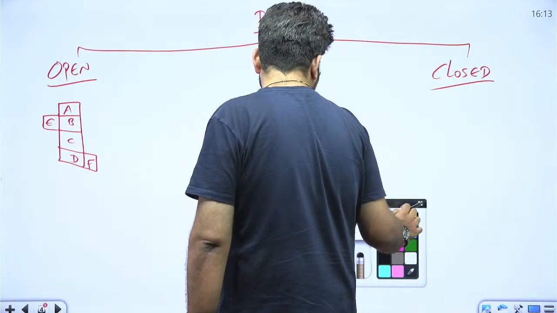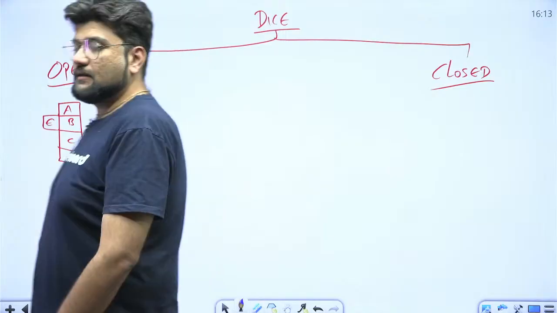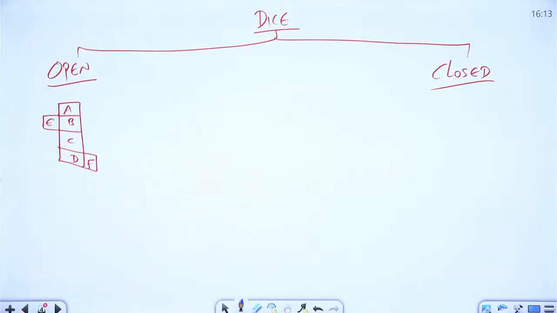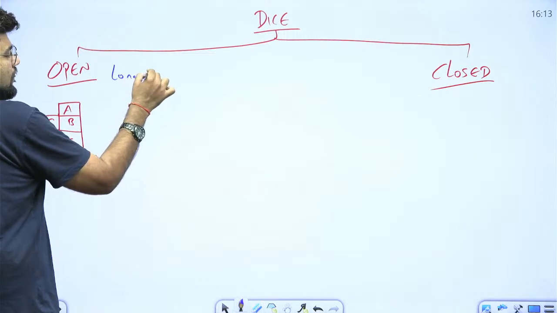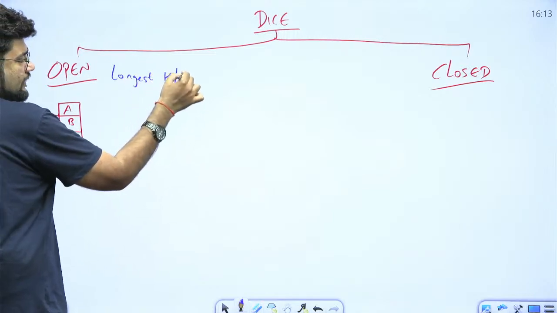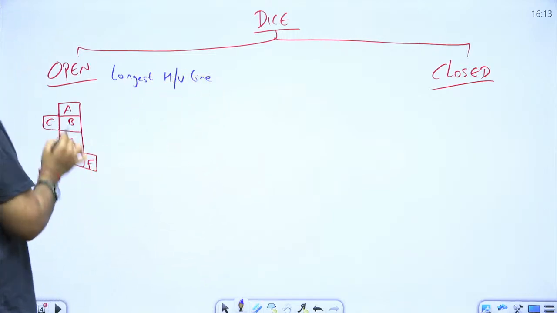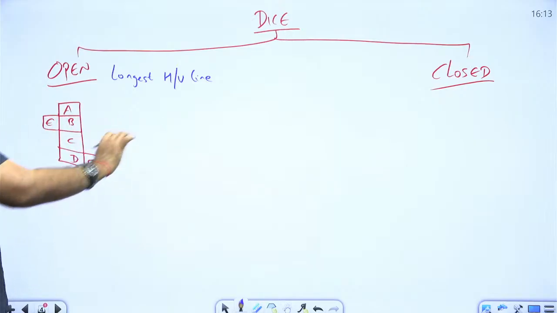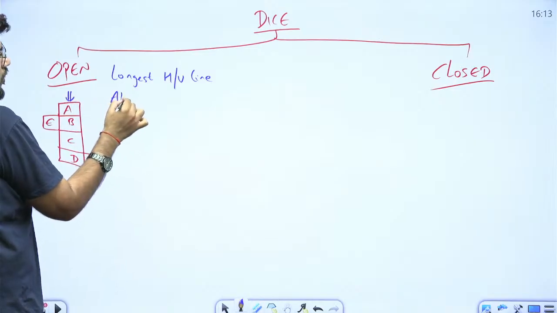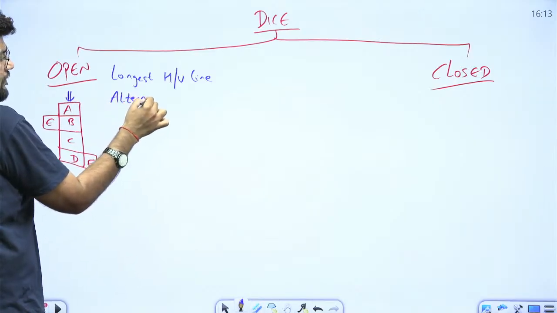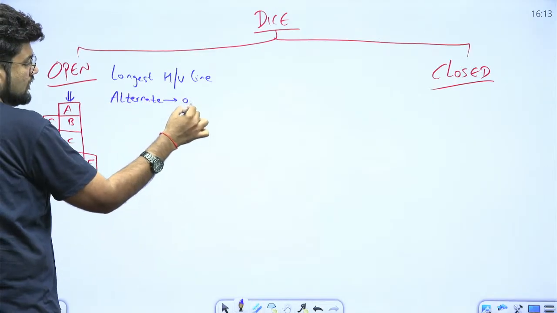The main idea behind this is that I'll pick up the longest horizontal or vertical line. Depends. It can either be the vertical line here, or it can also be horizontal sometimes. So I'll pick up one line, and there your alternate faces will always be opposite to each other.